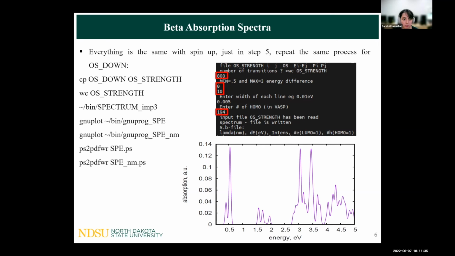You just need to copy and paste OS down, as I explained before, into the OS strength file, and again execute that command and count the number of lines of the OS strength file, and then enter the number of HOMO again for the beta component. Again using the gnuplot command, you can generate these plots for the beta component.